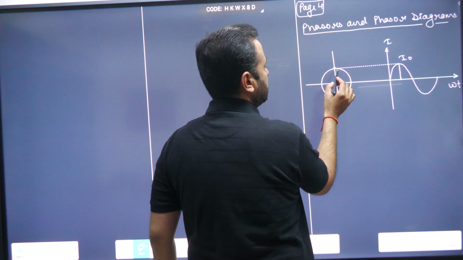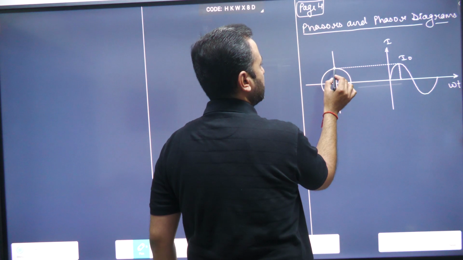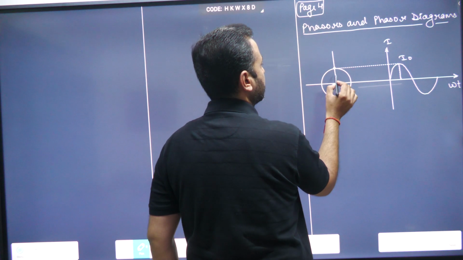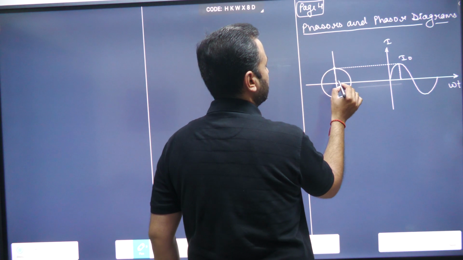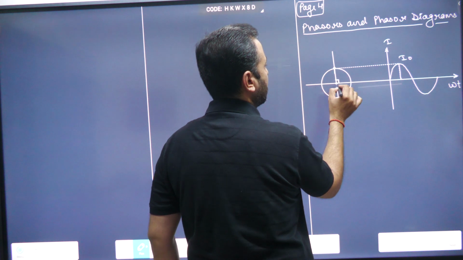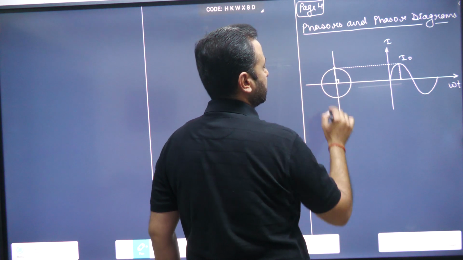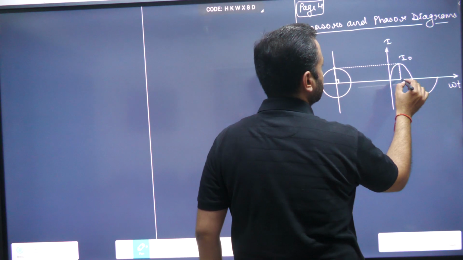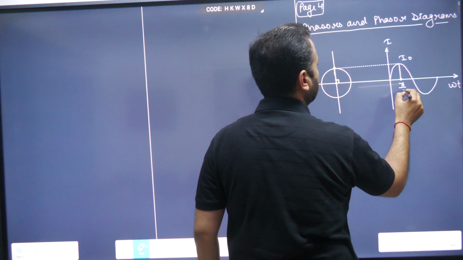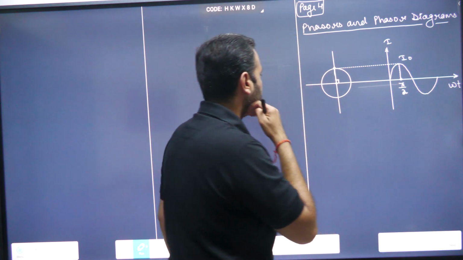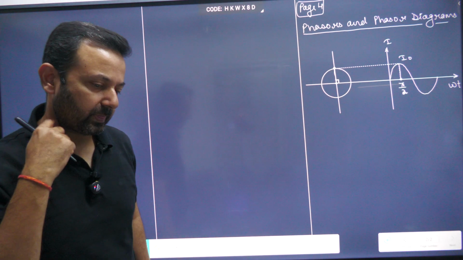So we join this point with the center of the circle like this, and then we find out the angle between the x-axis and this radius. This is 90 degrees. That's why we mark here pi by 2. Pi by 2 means 90 degrees. All right, is this clear to you?